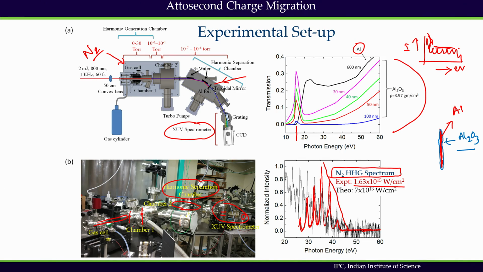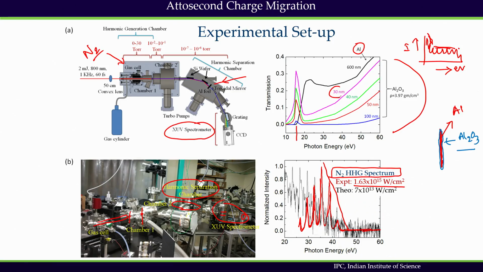But if we take a general guess, let us say it is 30 nanometers, or 400 nanometers. When we purchased this aluminum filter, the thickness was 600 nanometers. In the 600 nanometer thick aluminum foil, we may have, let us say, a 30 nanometer thick oxide film.